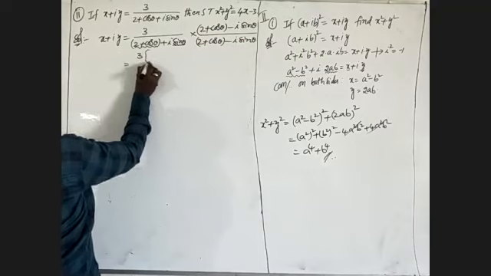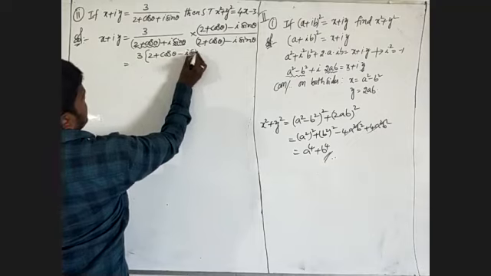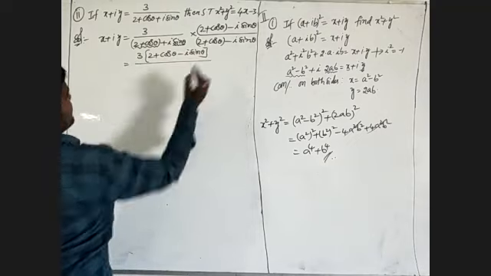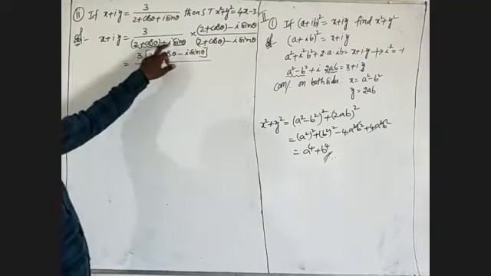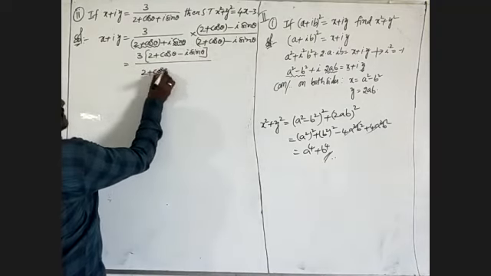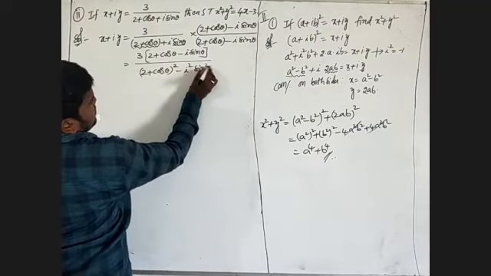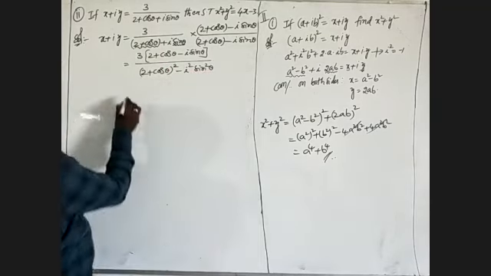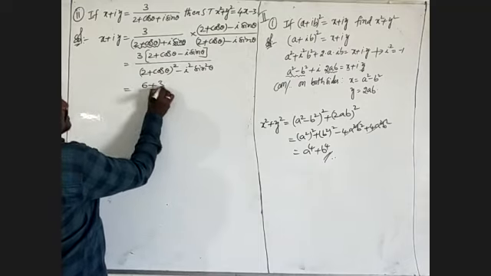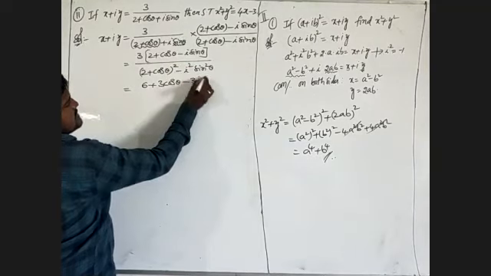That means 3 into 2 plus cos theta minus i sin theta, by the denominator, which is of the form a plus b into a minus b. That I will write as 2 plus cos theta whole square minus i square sin square theta. Twice 3 is 6, and 3 into cos theta becomes 3 cos theta minus 3i sin theta.